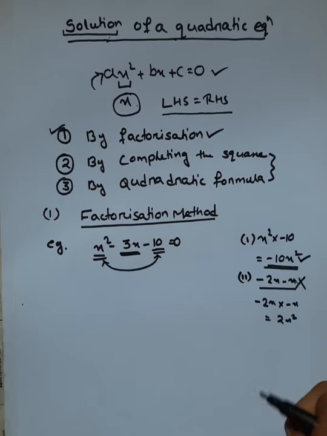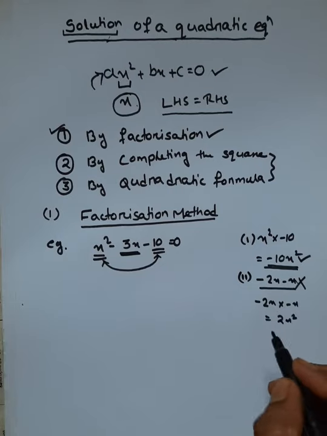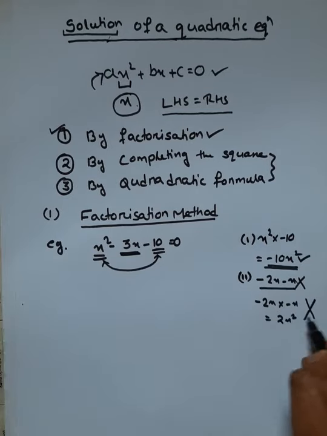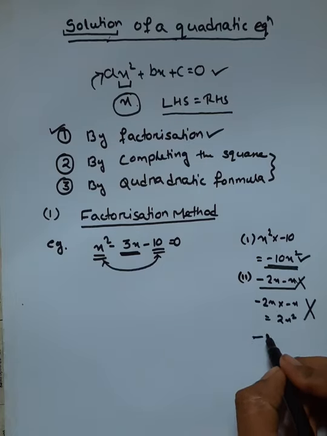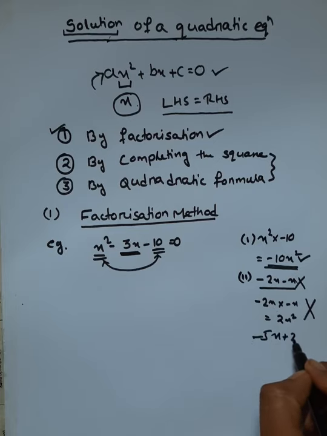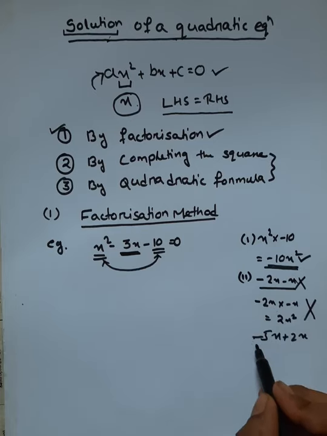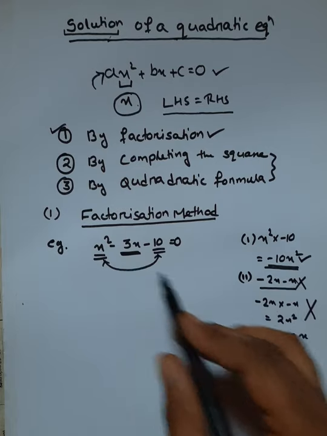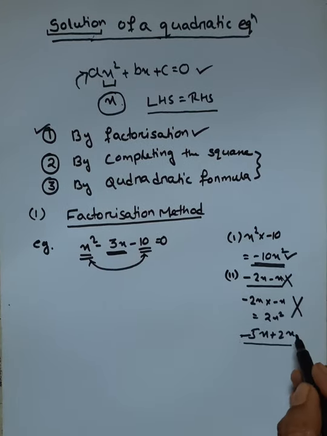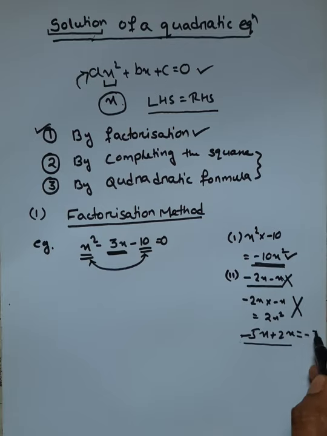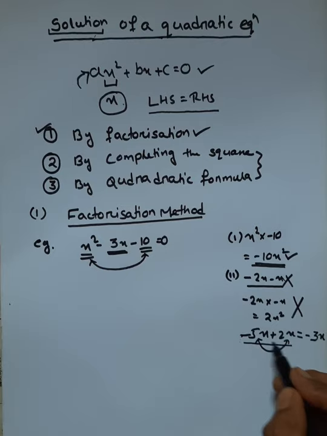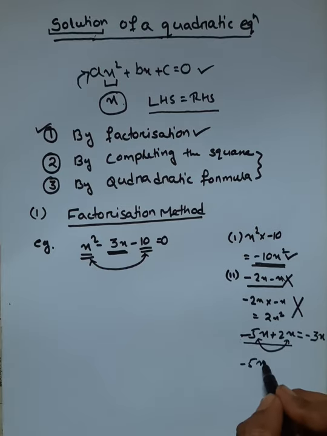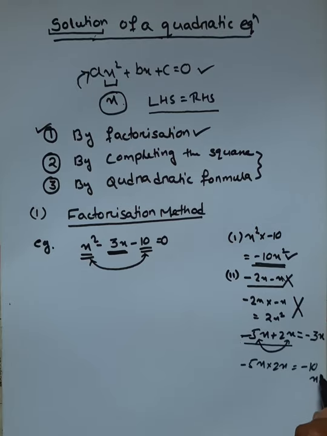So what can we take now? Let us take minus 5x plus 2x. See, minus 5x plus 2x is minus 3x, and if we multiply these two terms, that is minus 5x into 2x, this will be minus 10x square.